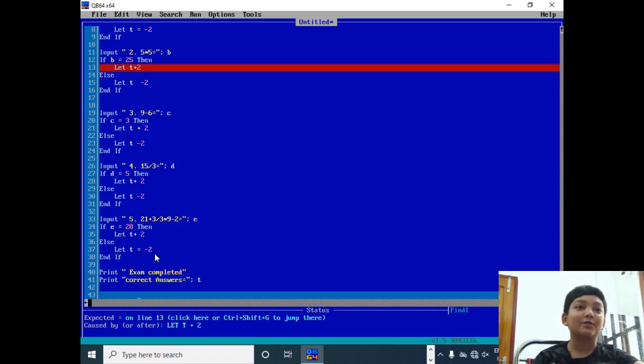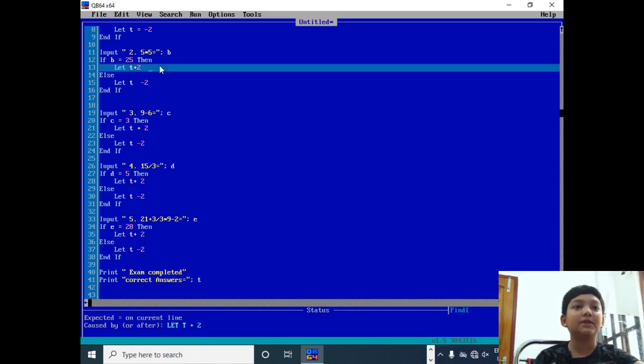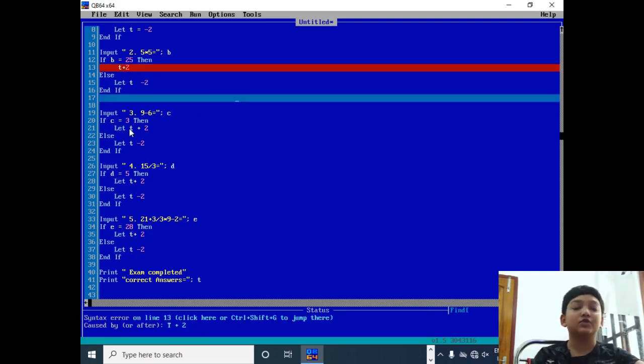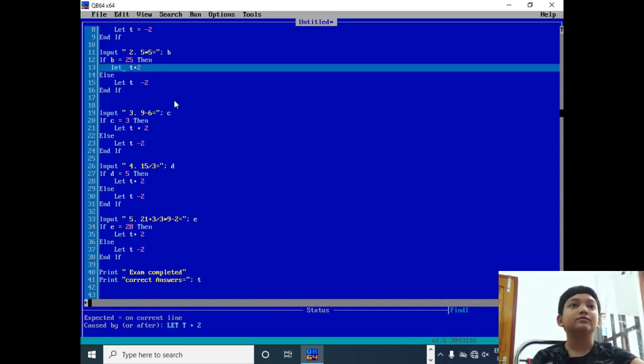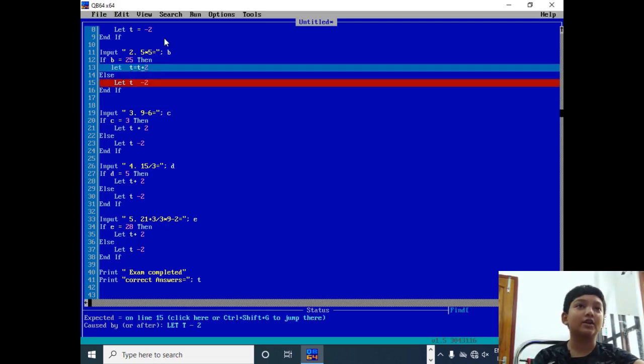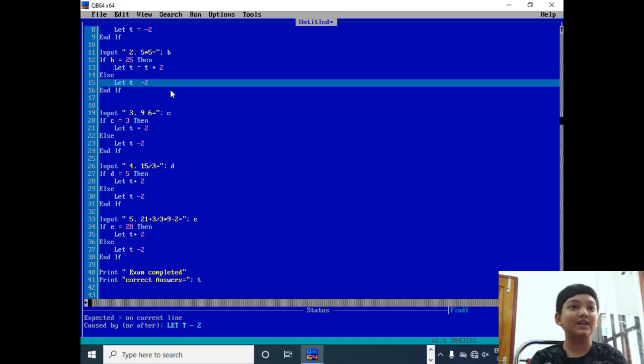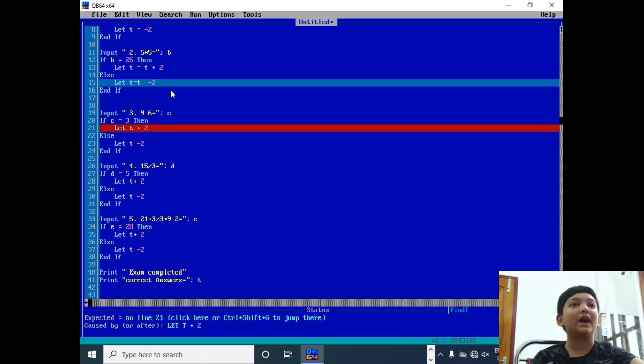I just noticed now. Okay, now let t plus 2 expected, sorry, okay, again wrong. T equals to t plus 2. Got it now? T is equals to t minus 2.